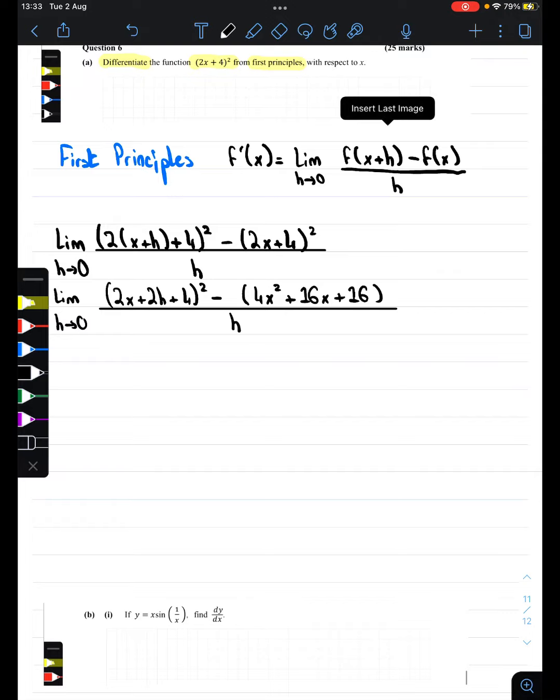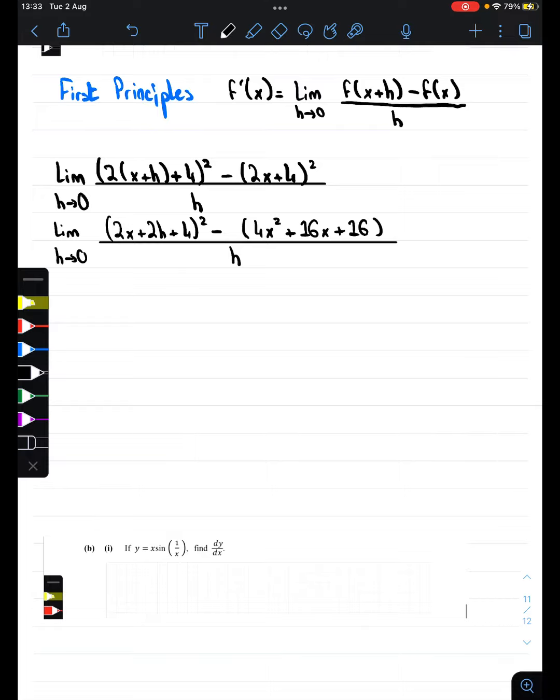Okay, well (2x + 2h + 4)² will be 4x² + 8xh + 16x + 4h² + 16h + 16, and then minus these remaining terms, 4x² + 16x + 16.